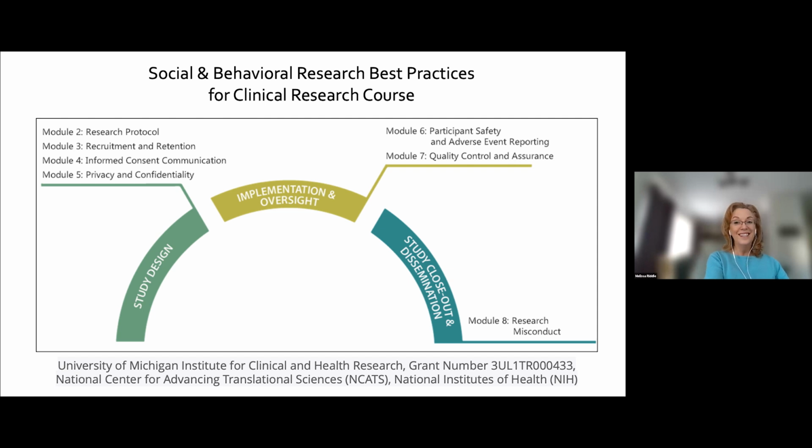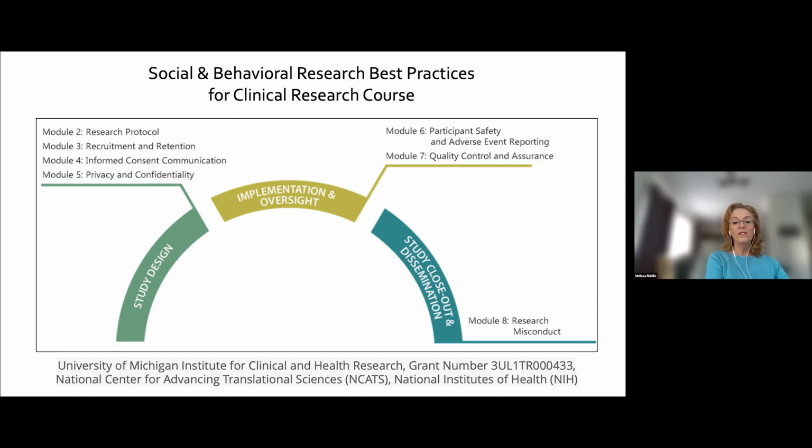So luckily, we discovered that Susan Murphy and her team at the University of Michigan were creating a course specific to social and behavioral research that covered the principles of GCP. They called it the Social and Behavioral Research Best Practices for Clinical Research course.